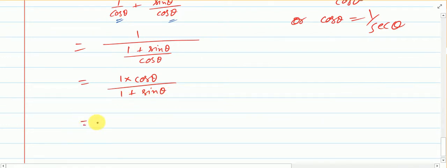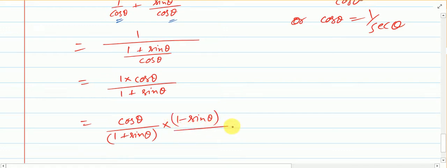Now what I will do is rationalize this. Here also 1 minus sine theta. In order to rationalize, what sign do we have over here? Plus, so we'll change that sign. We'll make it minus, and with that we'll multiply and divide.